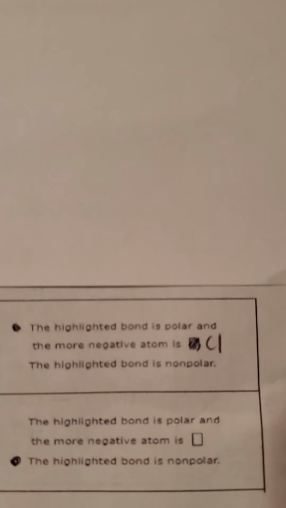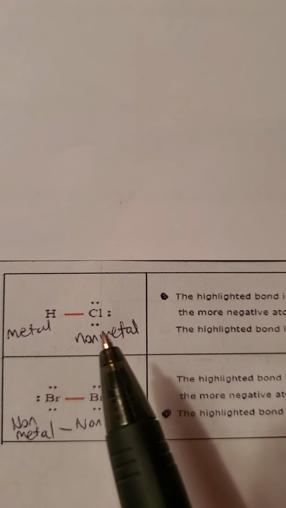To determine that it's polar, metal to nonmetal. So we know, given these options, that the highlighted bond is polar, and the more negative atom would be Cl, as we can see here.